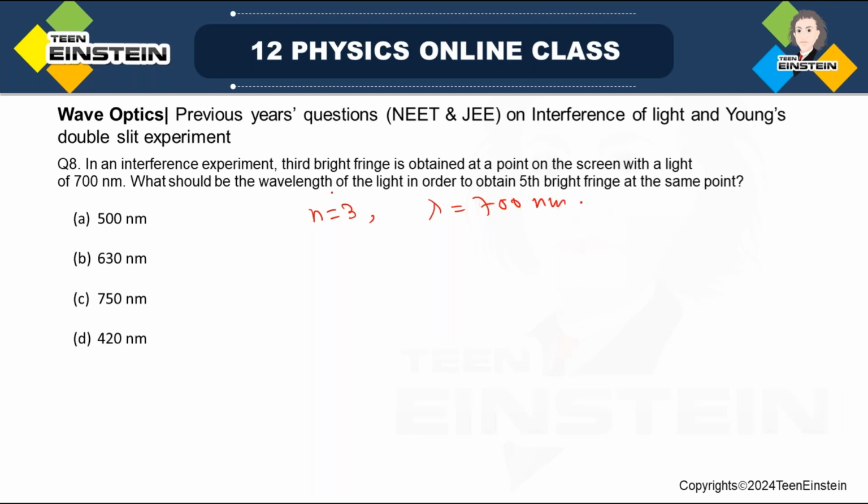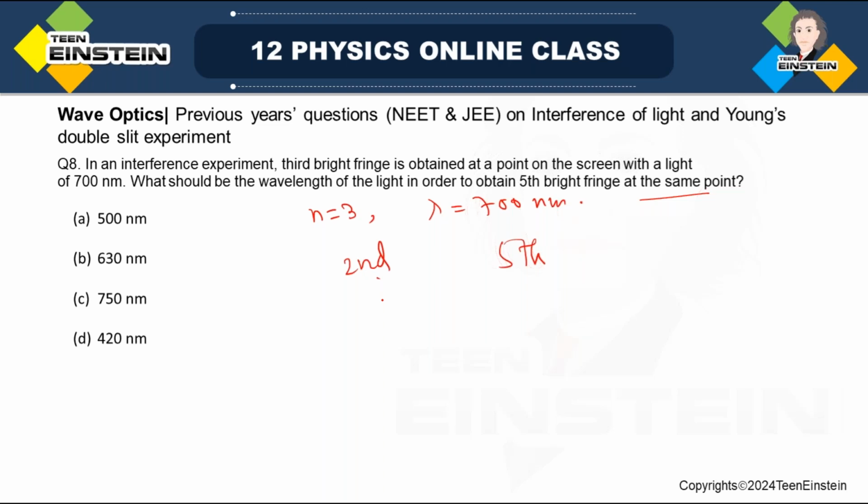Now what should be the wavelength of the light in order to obtain the fifth bright fringe at the same position? So in this kind of questions, when one bright fringe coincides with another bright fringe, and the wavelength for one is given, you have to find out the wavelength for the other.